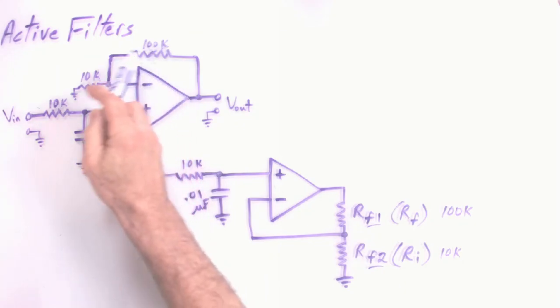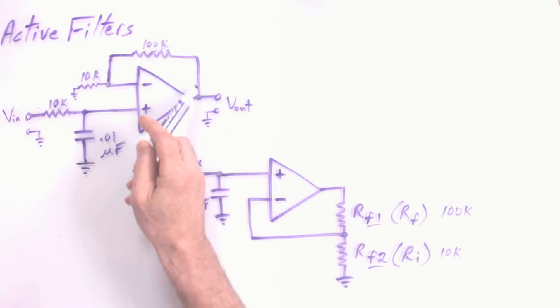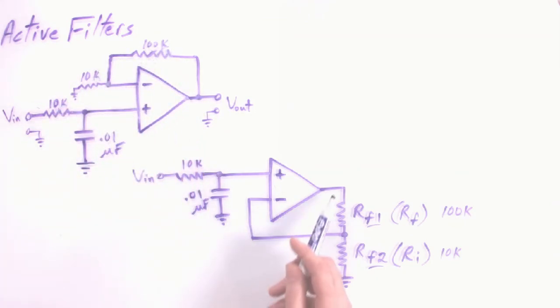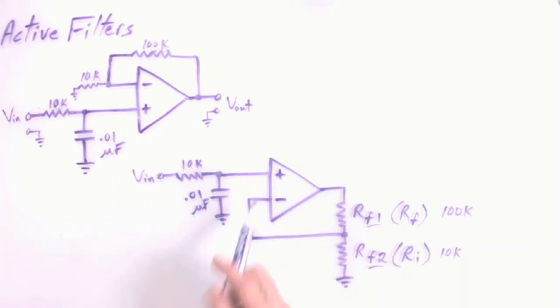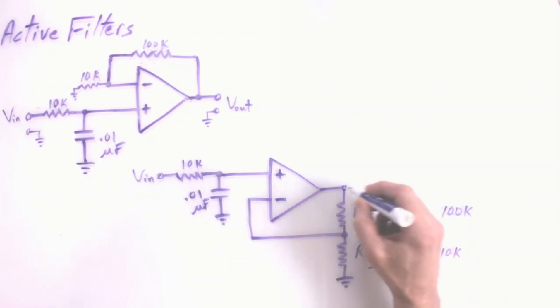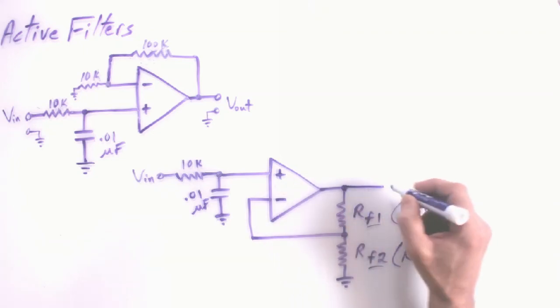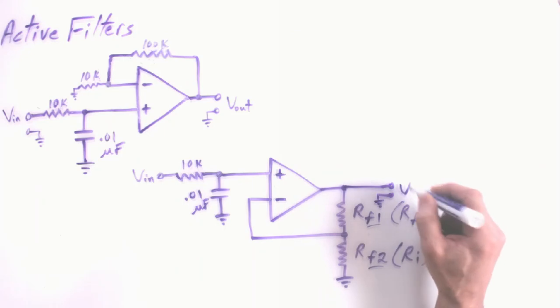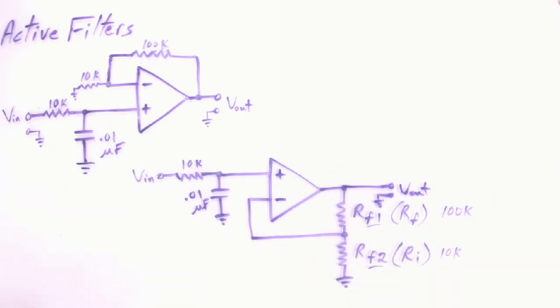Then we've got a voltage divider that controls how much negative feedback is given to the amp as you bring the output back to the inverting input. Same idea. And in fact, I forgot to add the output, didn't I? Your output's right here, just like it was. Squeeze that in there. So there's your output.